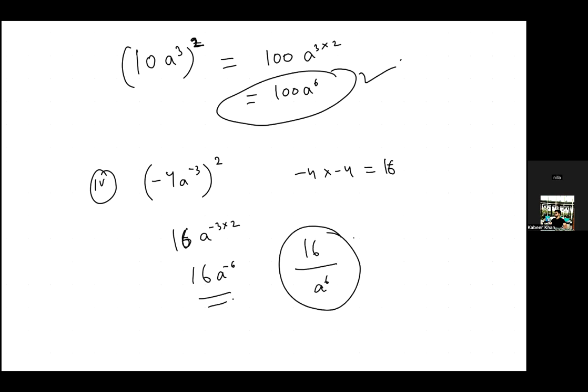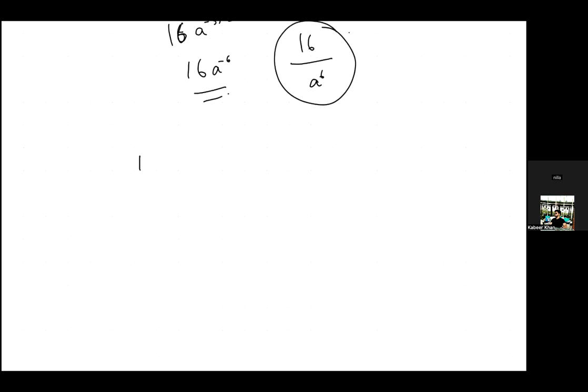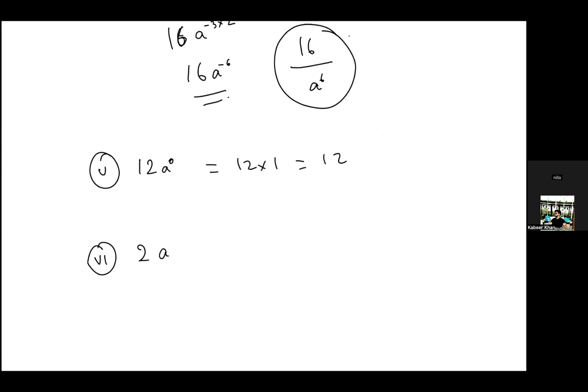Then I told you anything with a power 0 is 1. So like this, if this is the quotient, Nila, you will be writing this as 12 times 1, which is 12. Then you also can have quotients of negative indices, where somebody has written this quotient for you. 2a to the power -3 would be 1 over 2 cubed a to the power 3 basically.